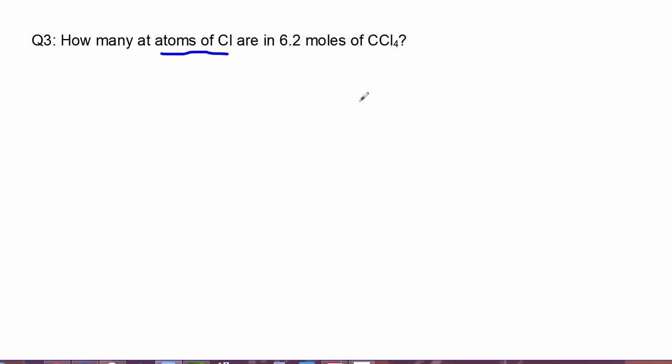and the 6.2 moles is what we have to start with. So let's start our calculation off that way. So we're looking for the number of atoms of chlorine specifically. And we have 6.2 moles, okay, of CCl4.